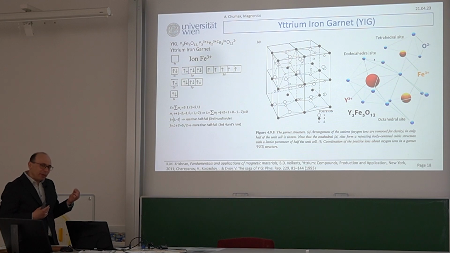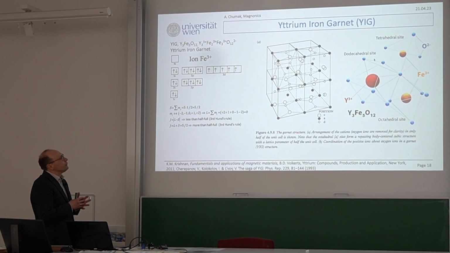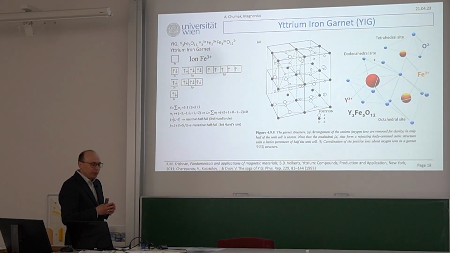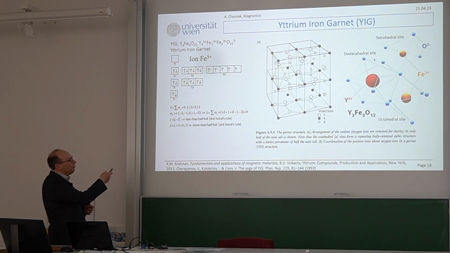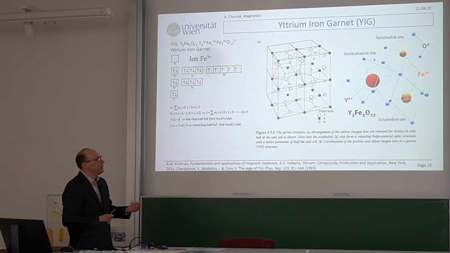Therefore, YIG is a ferrimagnet, an uncompensated ferrimagnet. It's a ferrite, which means it's a magnetic dielectric, and it has very small magnetization, because the majority of magnetic moments coming from this iron are compensated, and only 1 out of 5 really gives you magnetization in this material.